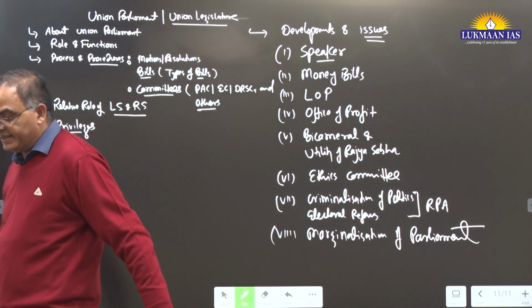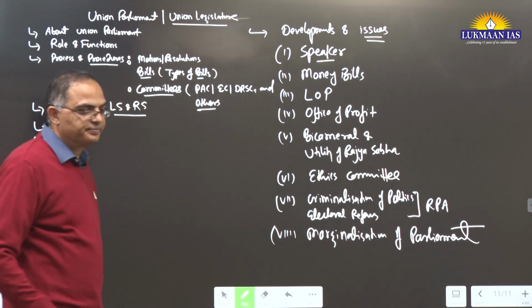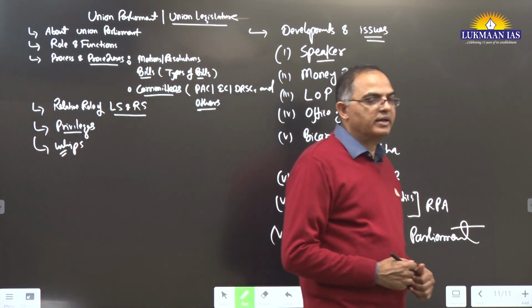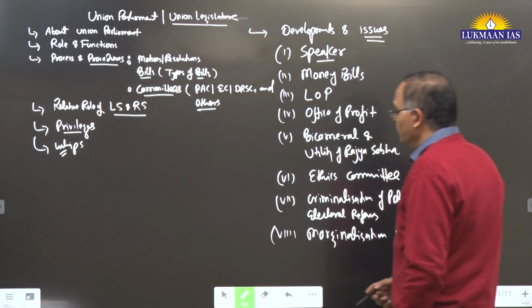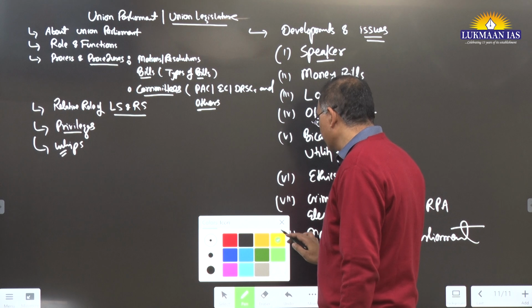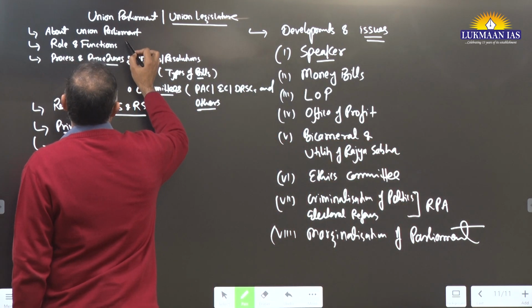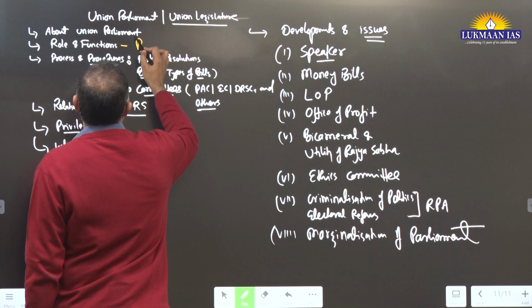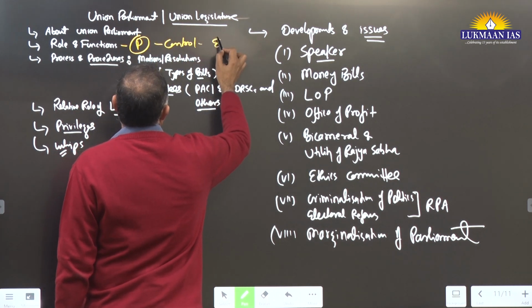So basically we teach issue based, issues and developments, because questions are asked that way. They have asked a question twice related to role and function, basically how Parliament exercises control over the executive.